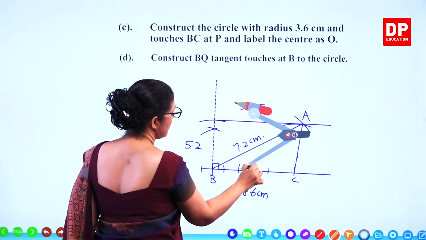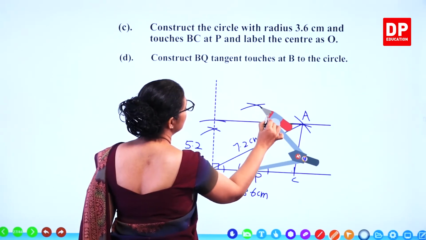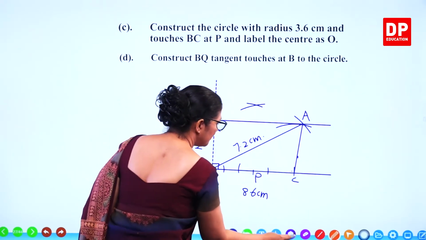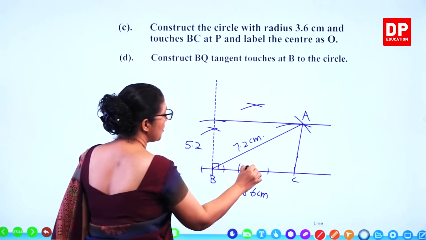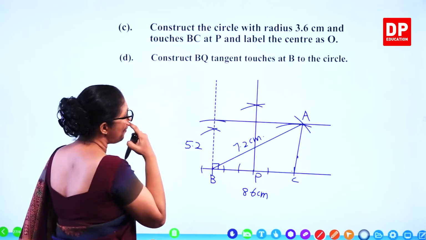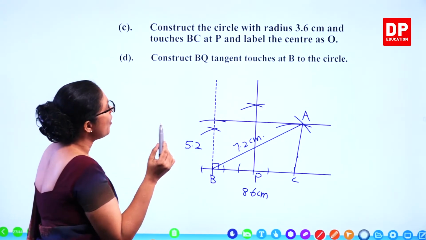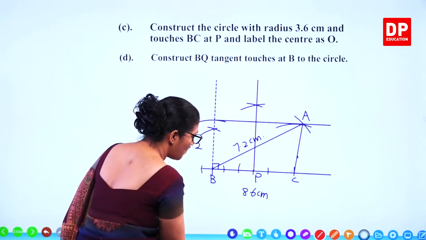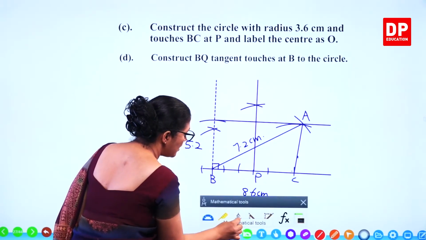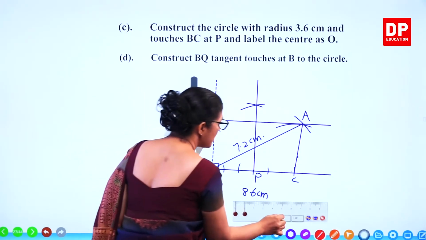Arc here, arc here. So draw the perpendicular. This is the perpendicular. Now the center should be on this line and it's 3.6 centimeters. So you need the ruler and the compass.